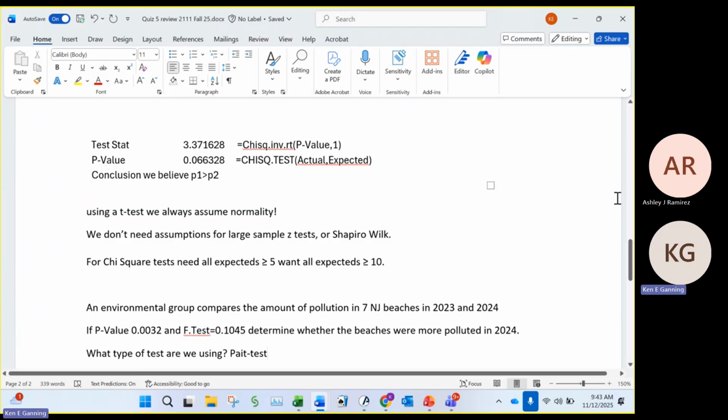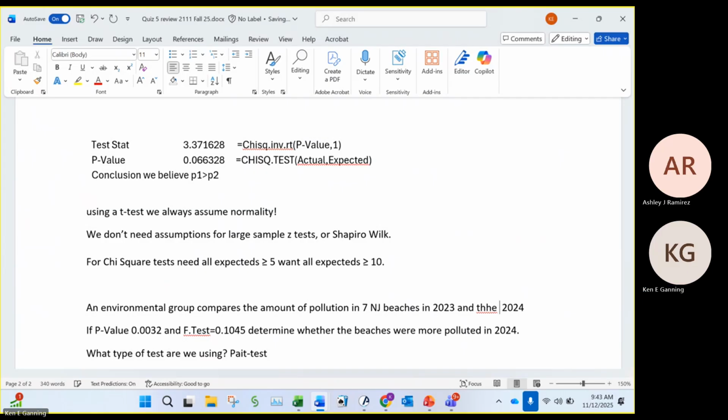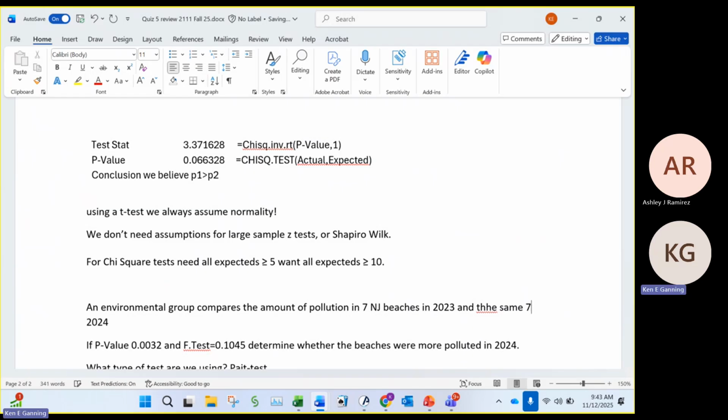Okay, so let's suppose an environmental group compares the amount of pollution in 7 New Jersey beaches in 2023 and the same seven in 2024.